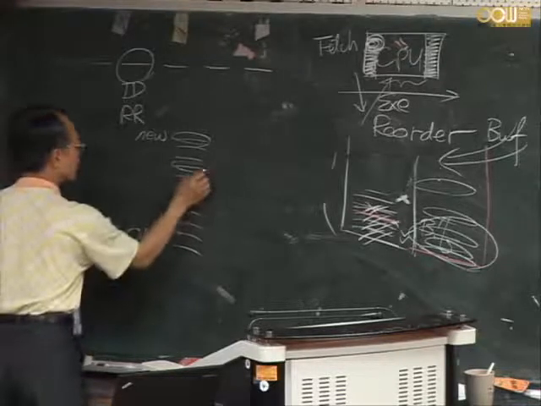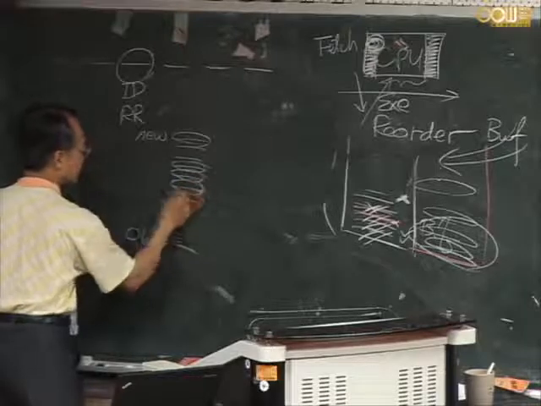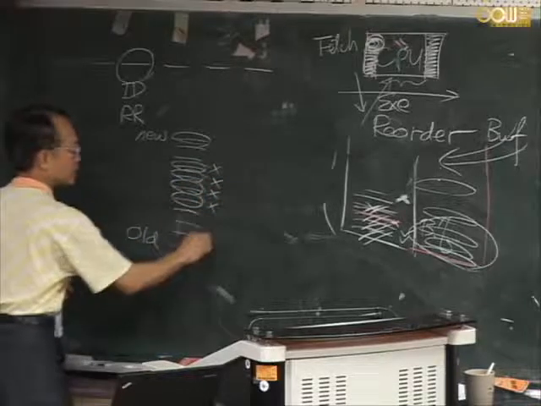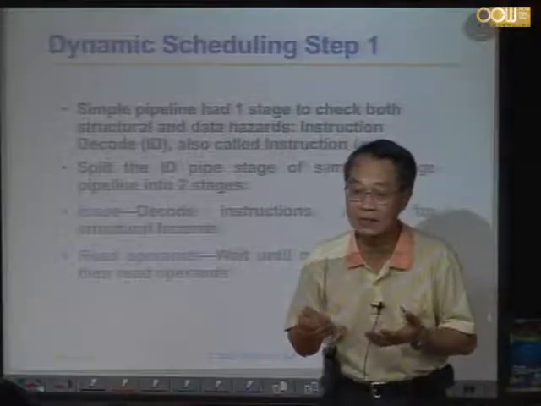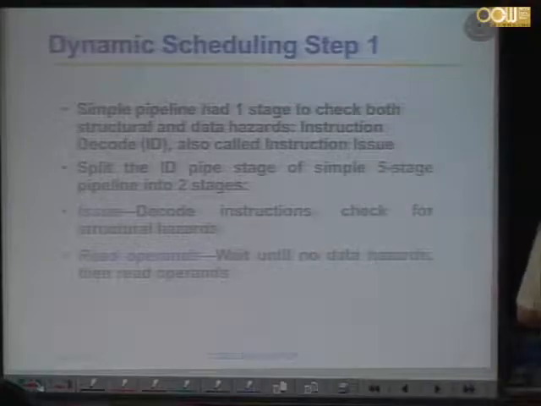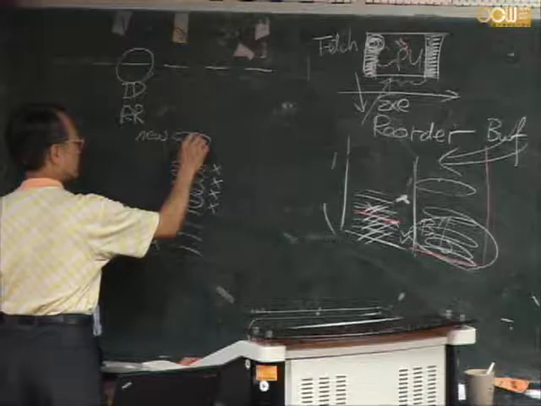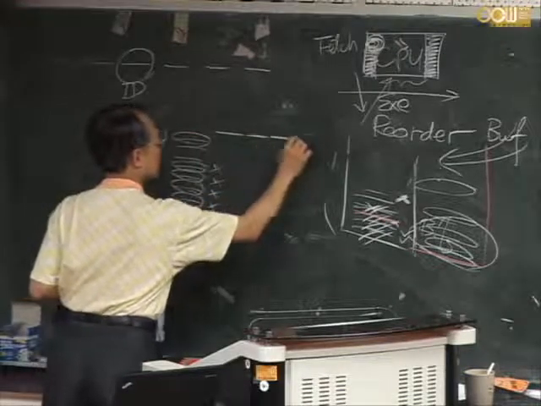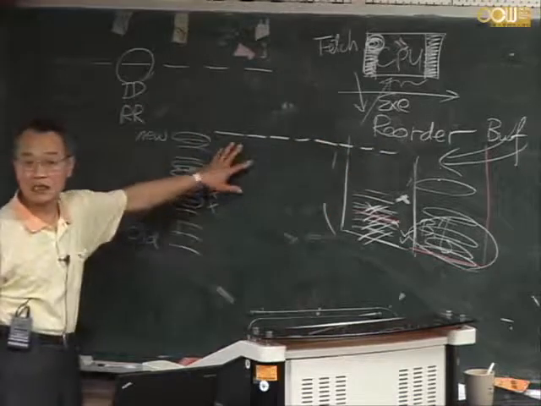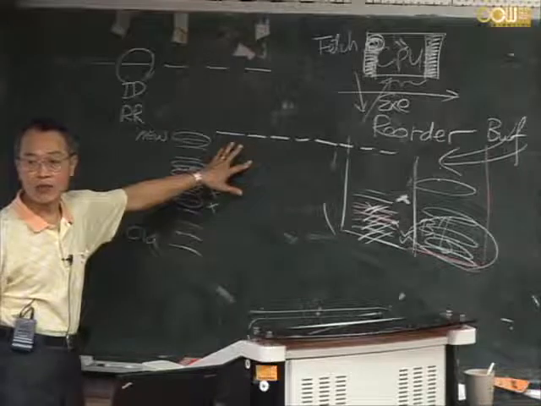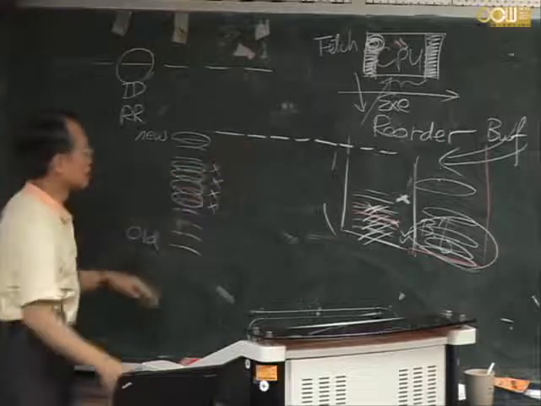And these instructions may still be pending, waiting for execution. Don't have a result available yet. So when you decode this instruction, I don't know how many stages we'll need, so I just put down an arbitrary number of stages.